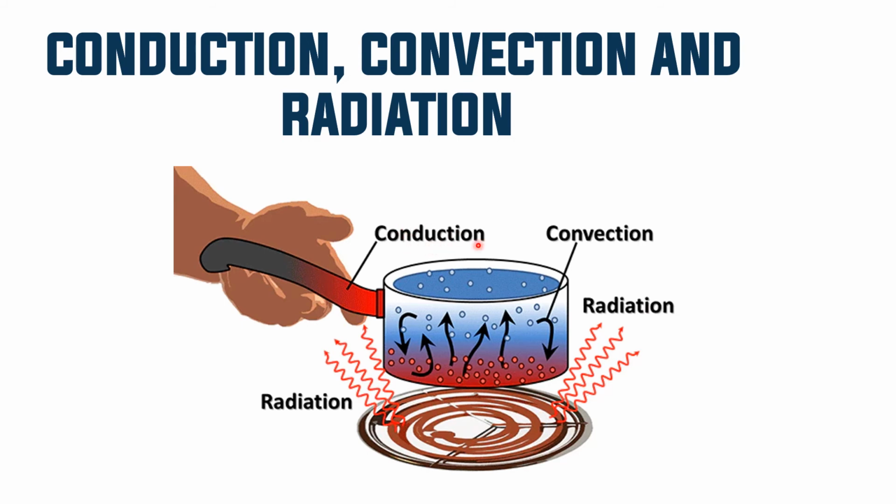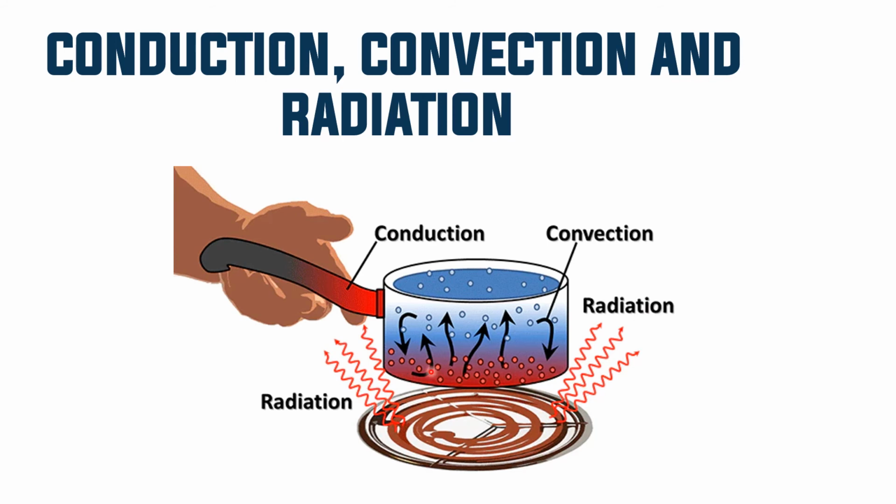And what about convection? Convection is the transfer of heat through liquids and gases. Here in this pot there is water, which is in liquid form. From the heat source, heat is transferred to the lower part of the water particles. Here is the lower particle, and you can see this is red color.